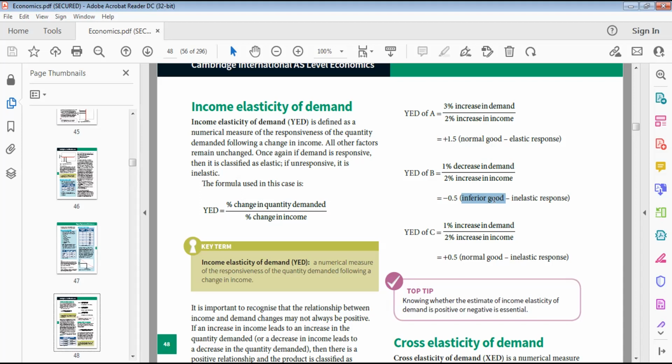So if the income of the people increases, the demand for scooty or small motorcycle or bicycle will decrease. What's the reason? Because now people have more income, they want to buy something better. They don't want to use a bicycle anymore. Maybe they want a very good motorcycle or even a car. So in this case, bicycle will be an inferior good.